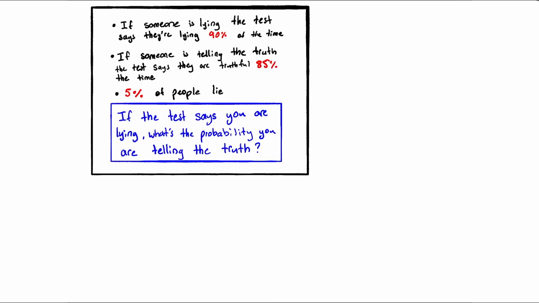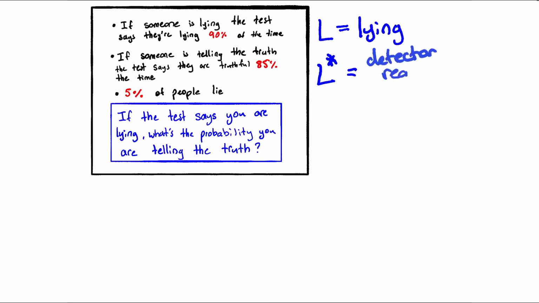So this is actually a pretty difficult question, but it forms the foundation of all types of Bayes' rule problems. So I'll walk you through step by step and we'll go pretty slow. Well, the first thing we do, like always, is to define our events. So let's say L is the event that someone is lying, and let's say L star is the event that the detector reads lying.